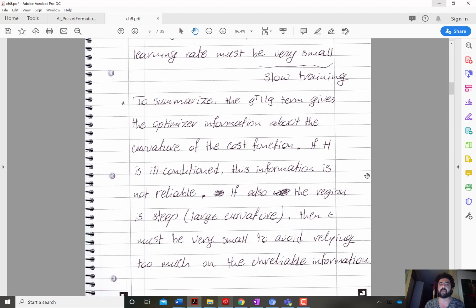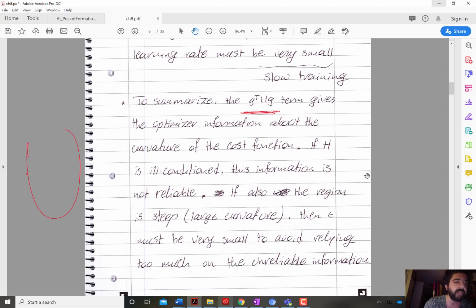So to recap, you can think of this term, the G transpose HG, as giving the optimizer information about the curvature of the cost function or the change in the first order derivative, which I am relying on to update the parameters, right?